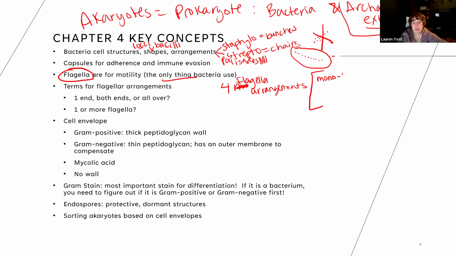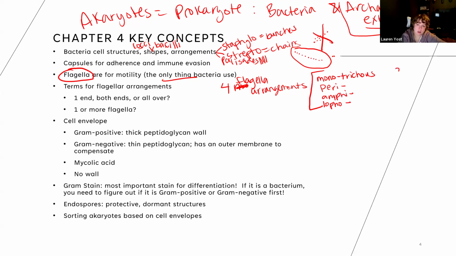Monotrichous, it's one word, but I'm just going to put trichous here so that we can go on with the prefixes. Monotrichous, peritrichous, amphitrichous. You guys notice how I'm not going off of notes here. I'm just going off of memory, so bear with me. Amphitrichous, we did the ends, we did the over, we did the one, and lophotrichous.